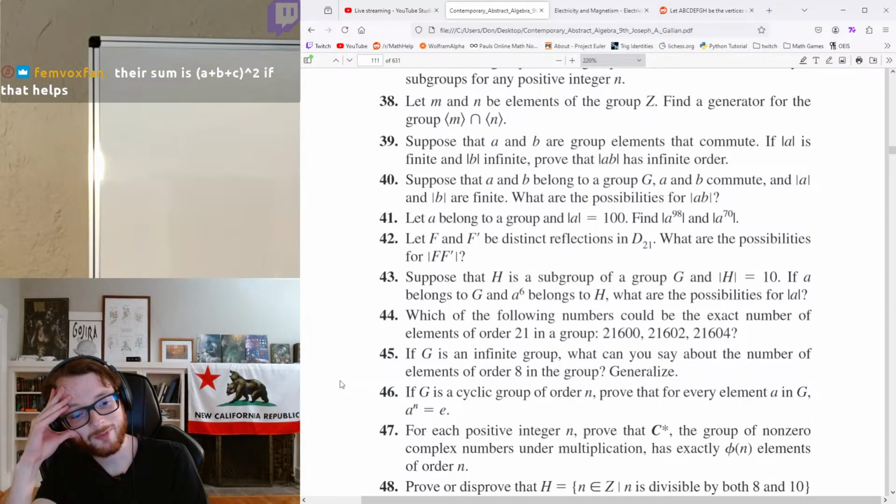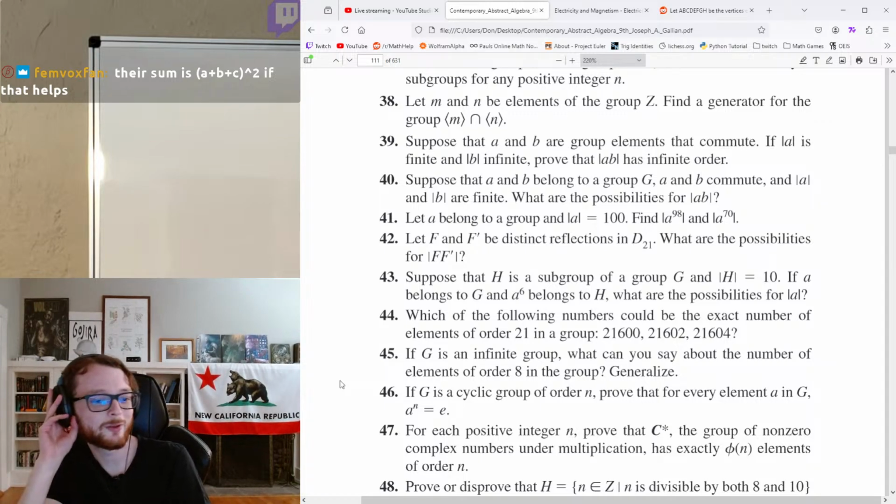Their sum is a plus b plus c squared, if that helps. Maybe. I didn't think about summing them. It really factors like that? You sum them all up, you'll get a squared plus 2a plus b squared plus 2b plus c squared plus 2c.